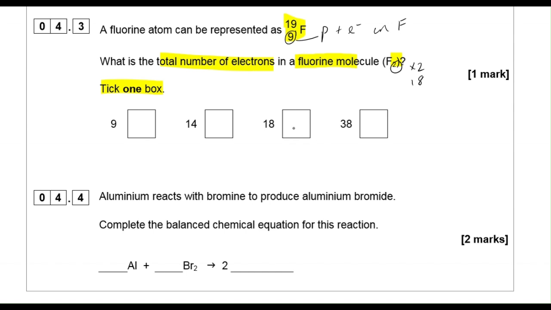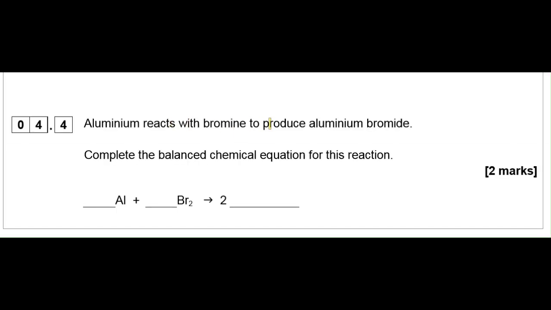4.4. Aluminium reacts with bromine to produce aluminium bromide. Complete the balanced chemical equation for this reaction for 2 marks. Now what's missing is the formula for aluminium bromide. So how do we come up with that? Well, if you know it off by heart, brilliant.